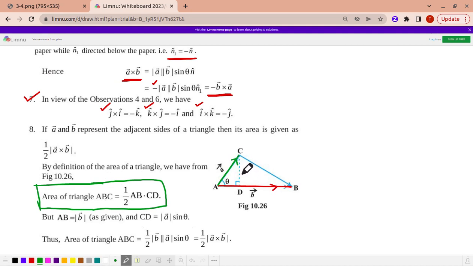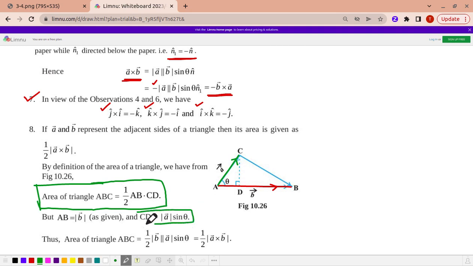What is CD? It is a perpendicular drawn from the vertex C to the side AB. Now if the angle between the vector B and A is theta, we can easily find CD is equal to mod A sin theta.